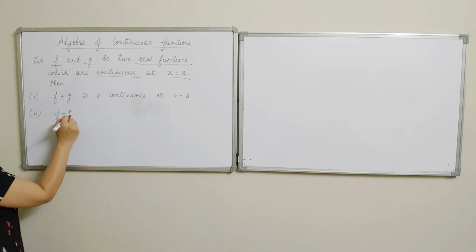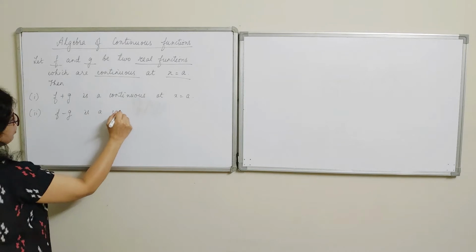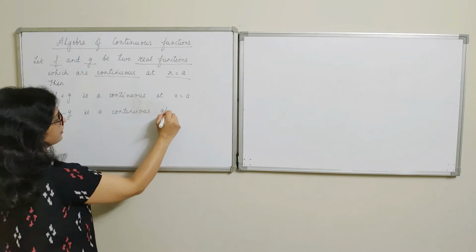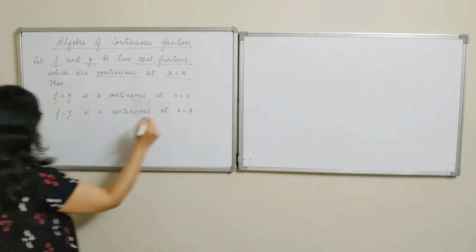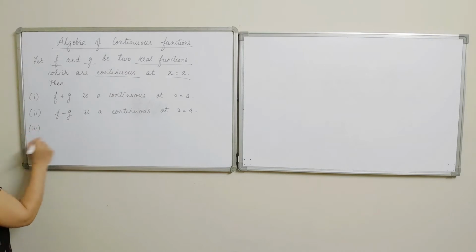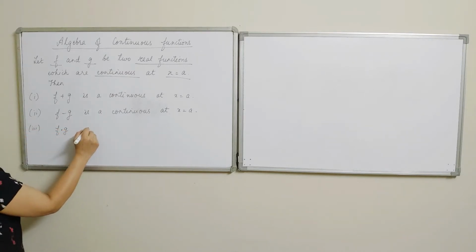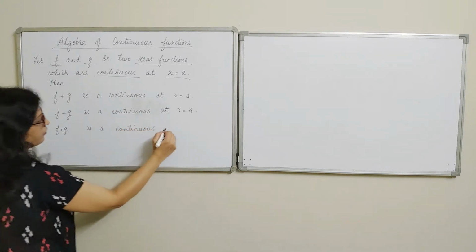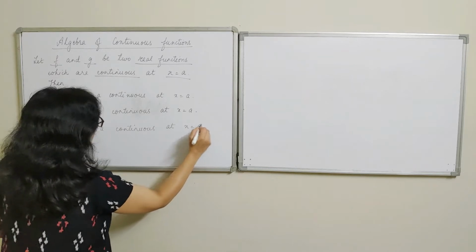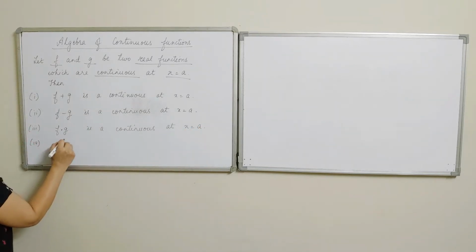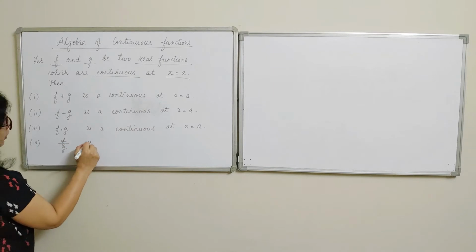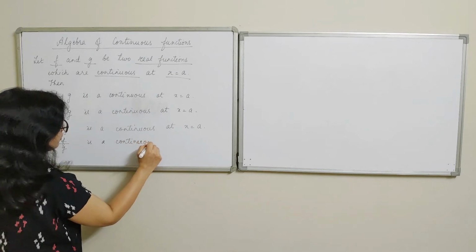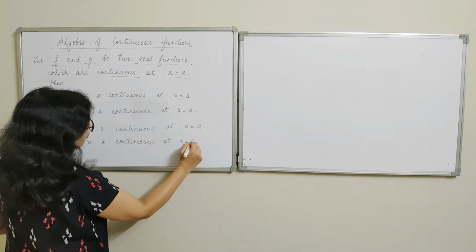Likewise, the difference of two continuous functions is also a continuous function, and this function f minus g is continuous at x is equal to a. f into g is continuous at x is equal to a. f upon g or g upon f is also continuous at x is equal to a.